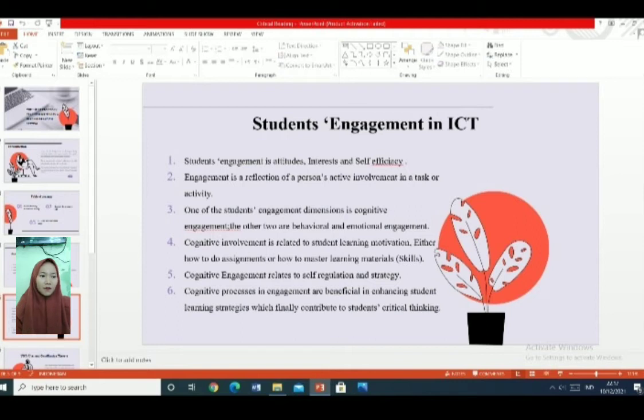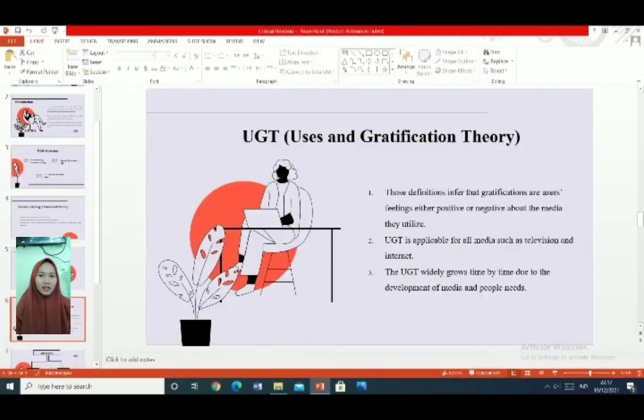Through behavior and emotion, in this process the teacher can also motivate his students so that they are not lazy in doing assignments, and maybe help students in improving learning strategy so that they can think critically.